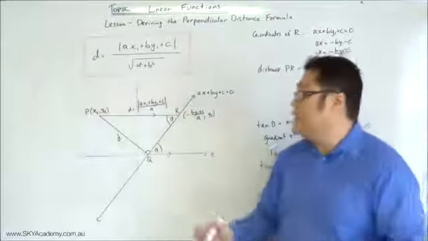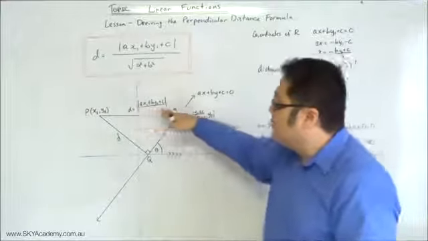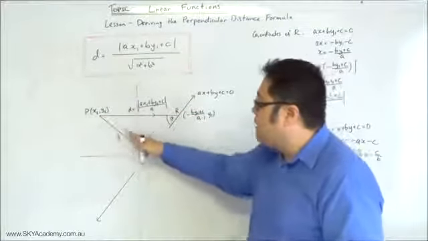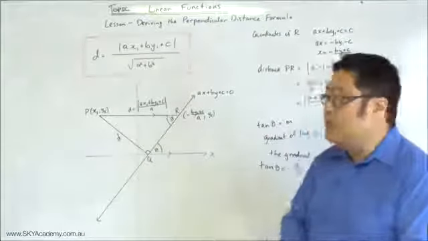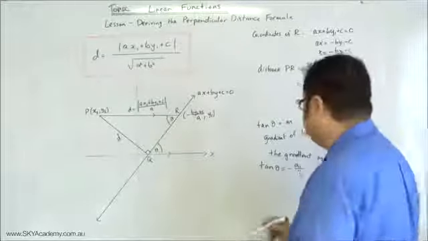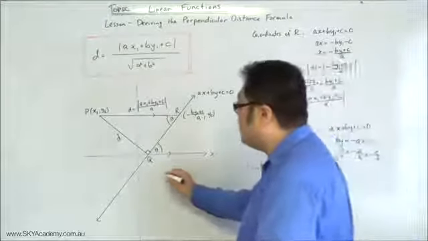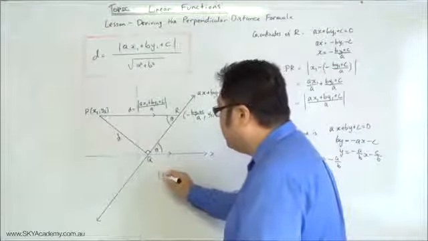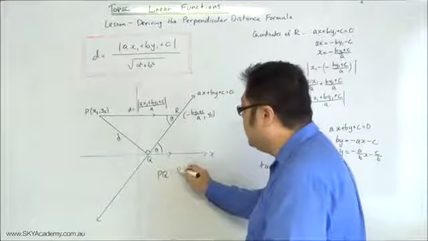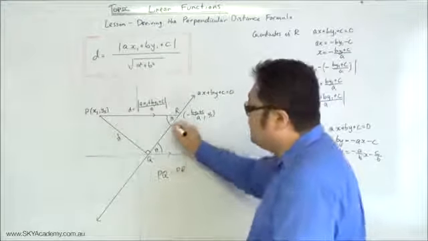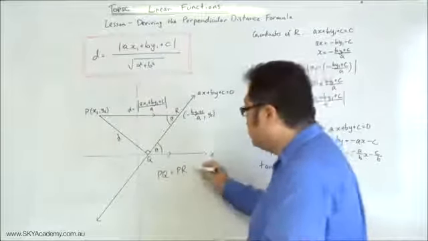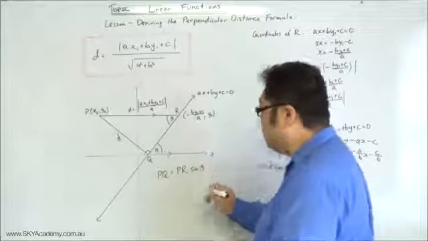Good. Now if we know this line, PR, we also know that we can get PQ by trigonometry. Yes? So PQ, which is the distance that we want, is going to be PR and its opposite over hypotenuse, which is sine of theta.